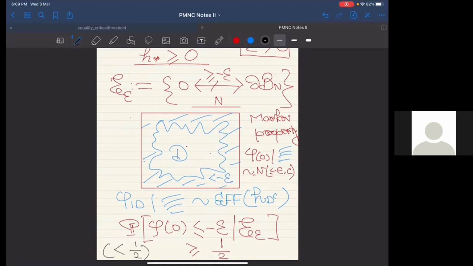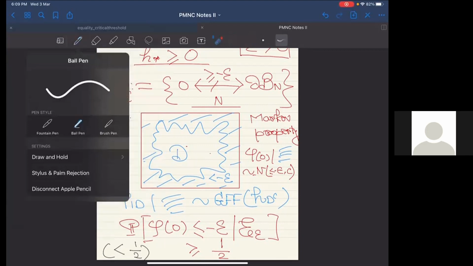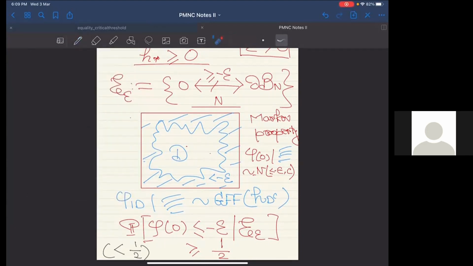Now you can convince yourself that you can describe this discrepancy only if the probability of this event E epsilon is strictly smaller than 1, okay?